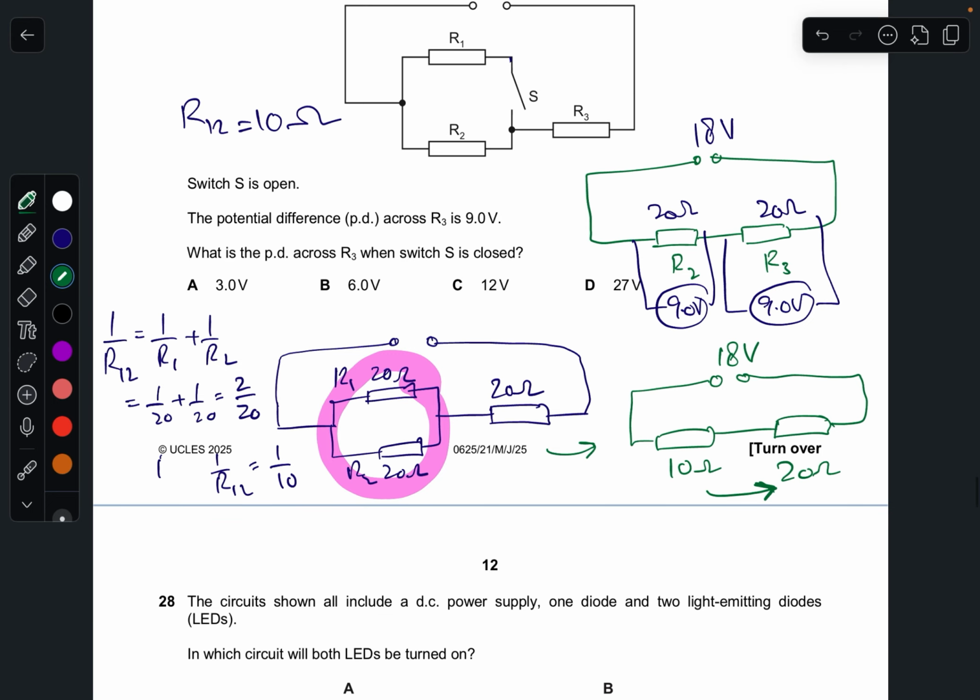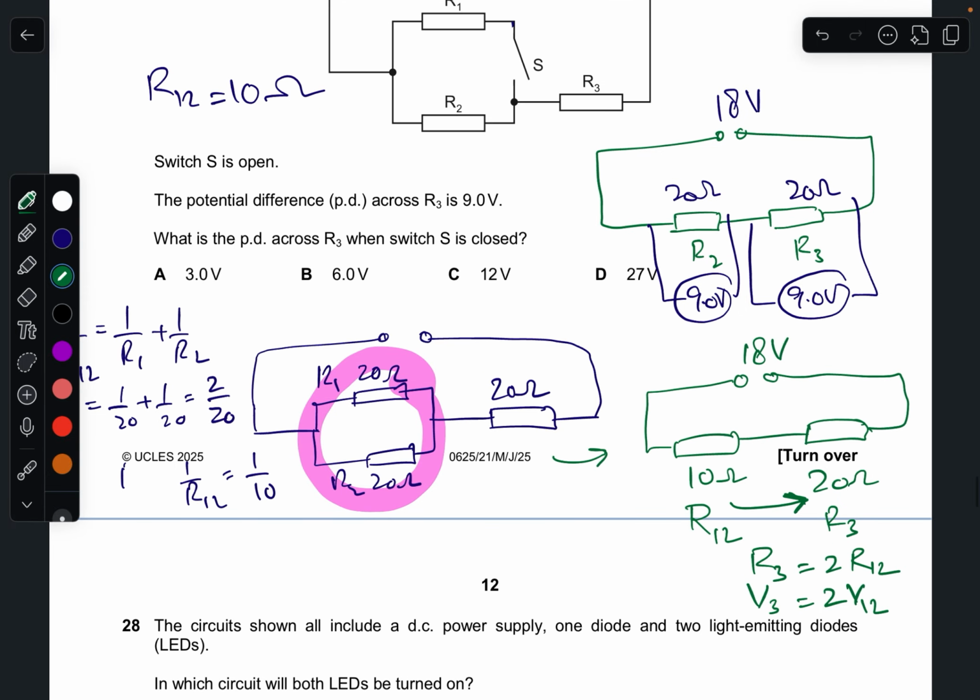Let's call this R12 and this R3. R3 is 2 times R12, so V3 will be 2 times V12. That is one equation.